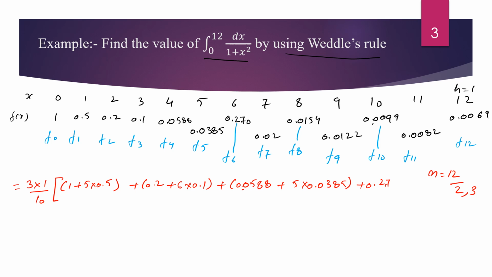This is for the first strip. Now for the second strip I am using 0.0270 plus 0.1 plus 0.0154 plus 0.0732 and so on.